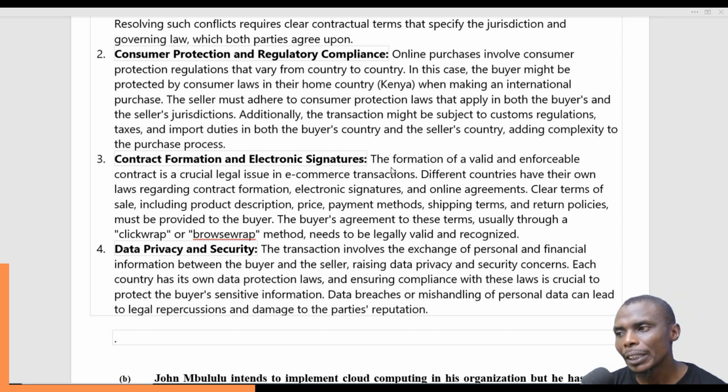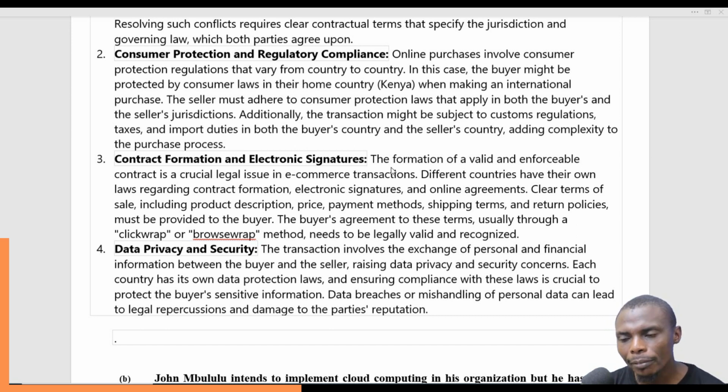There must be clear terms of sale, including product description, price, payment method, shipping, and even return policies. So there must be legalities that are defined or predefined properly.